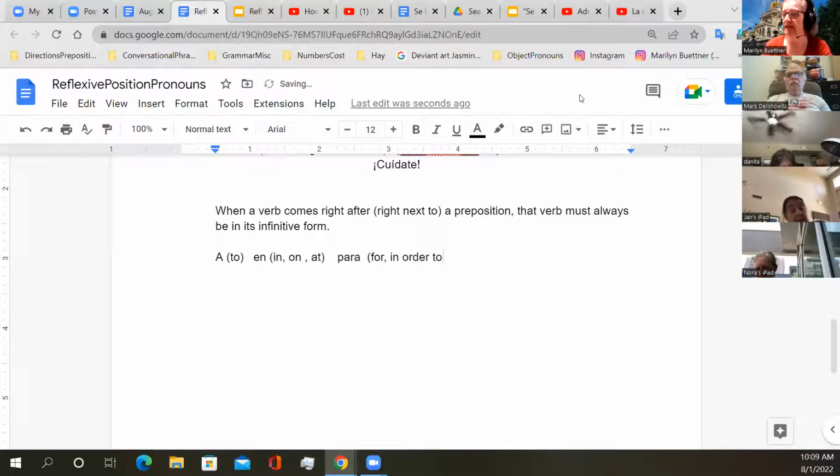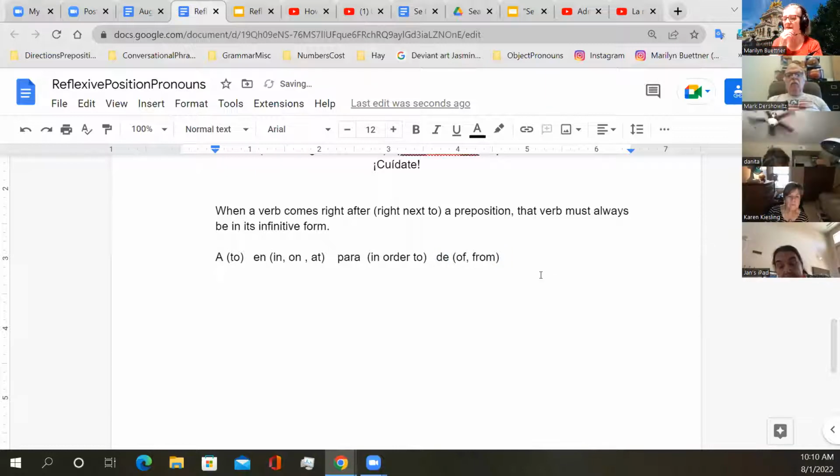And that's the ding, ding, ding magic one for para in this sense, in order to. De. These are probably the most common prepositions: en, para, de. You won't see en as much in these examples, but you'll see para and de a lot.